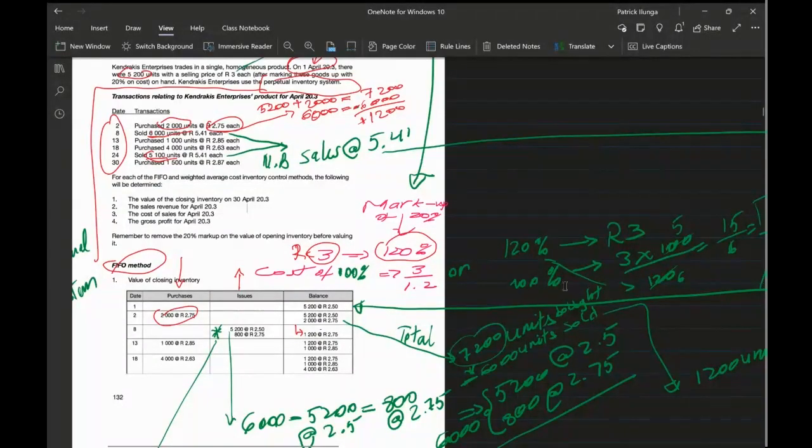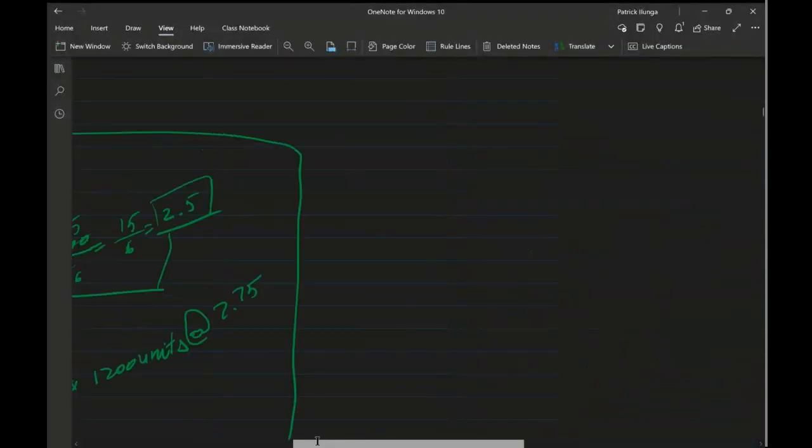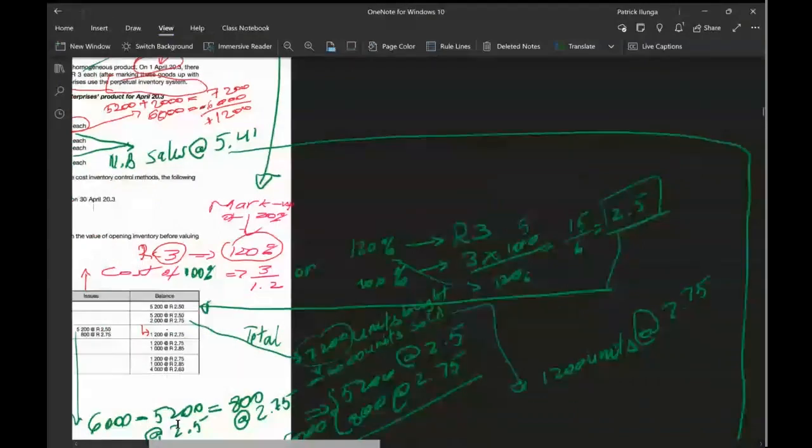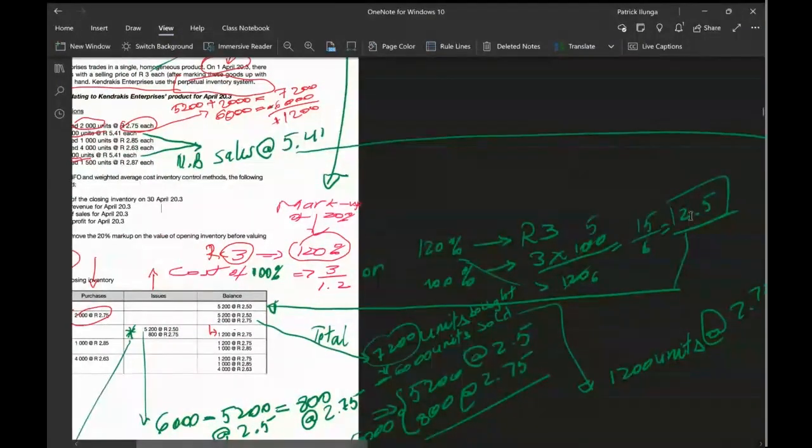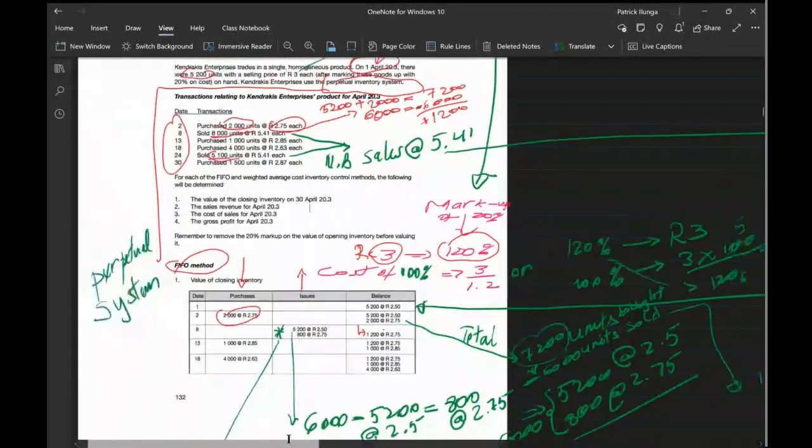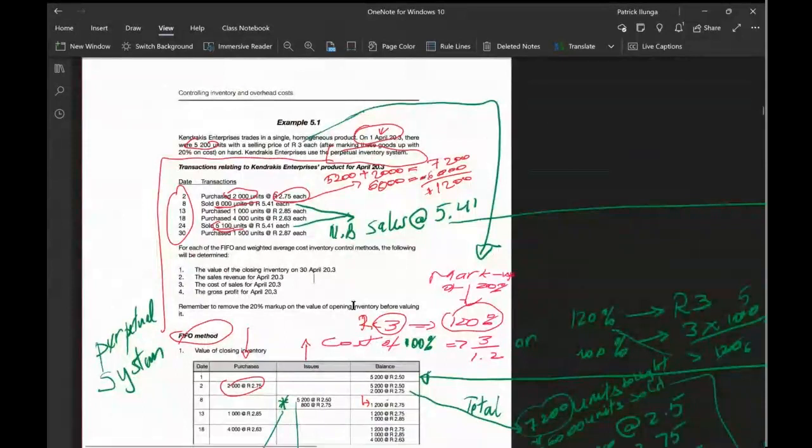Oh, perfect. Okay, so 100% will be 3 multiplied by 100 divided by 120. Again, high school level mathematics. So the actual cost is 2.5, right? 2.5 there.